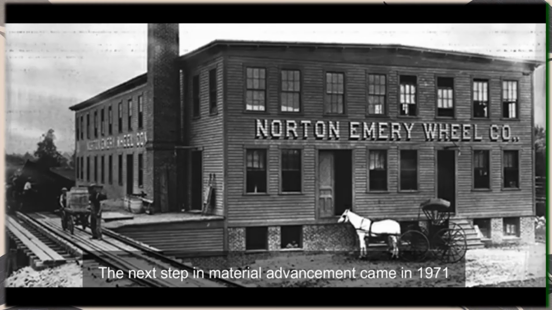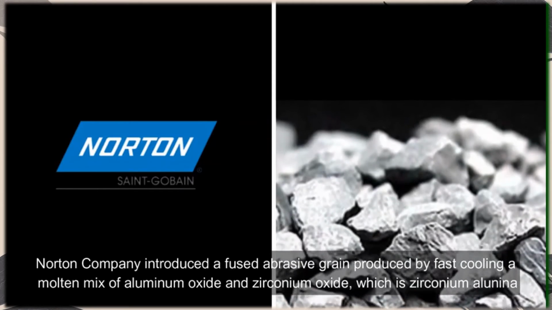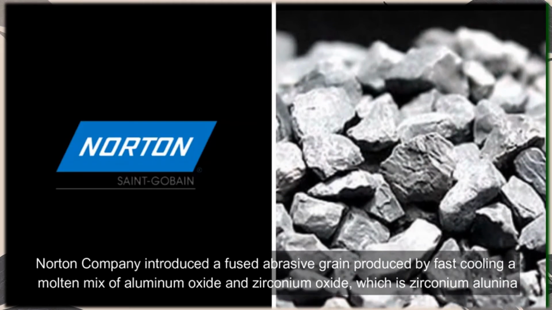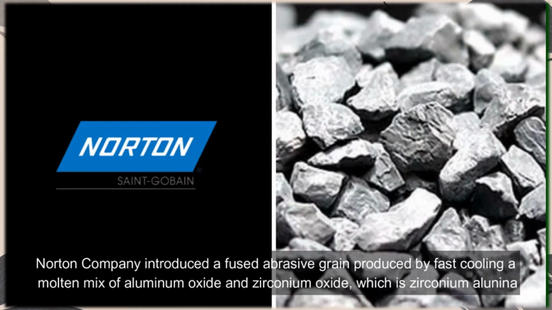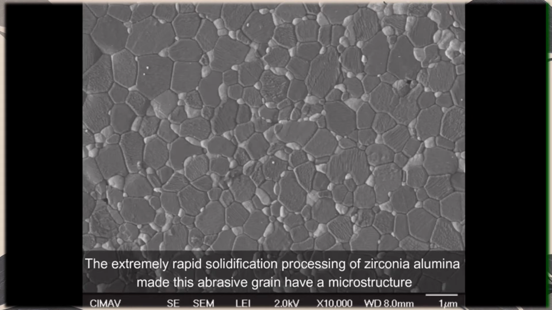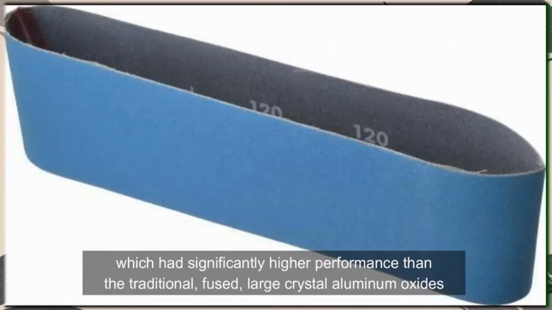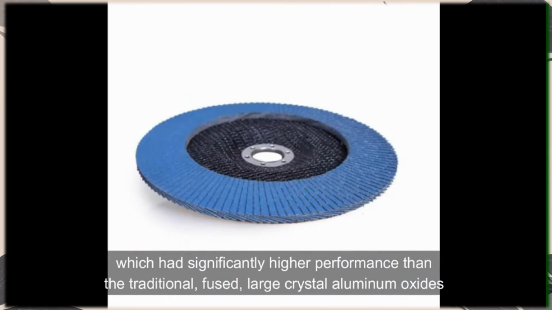The next step in material advancement came in 1971. Norton Company introduced a fused abrasive grain produced by fast cooling a molten mix of aluminum oxide and zirconium oxide, which is zirconia alumina. The extremely rapid solidification processing of zirconia alumina gave this abrasive grain a microstructure which had significantly higher performance than the traditional, fused, large crystal aluminum oxides.